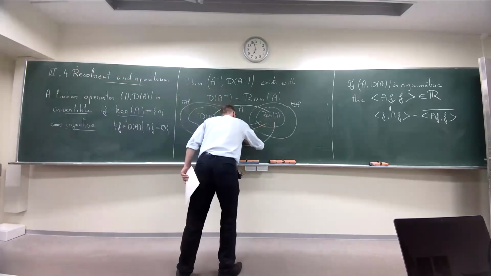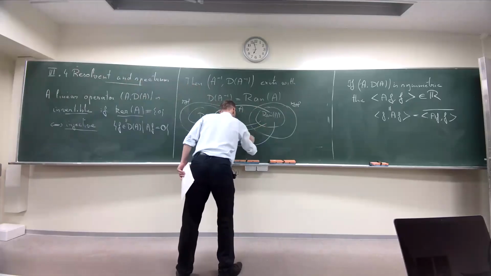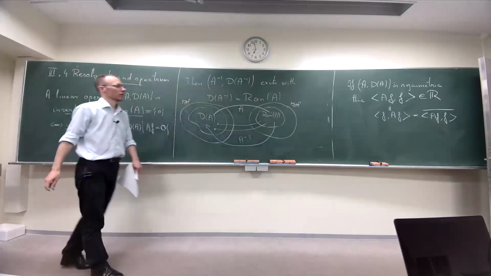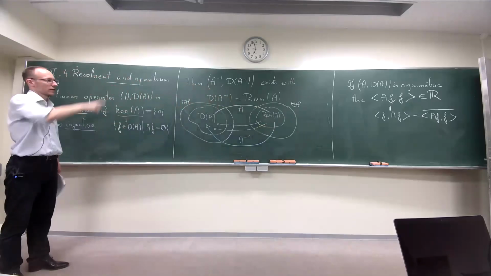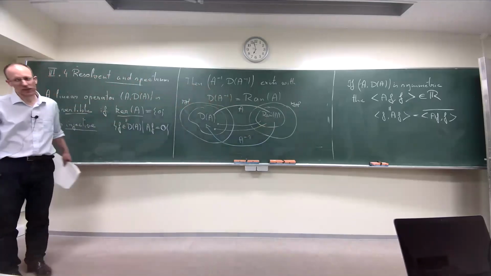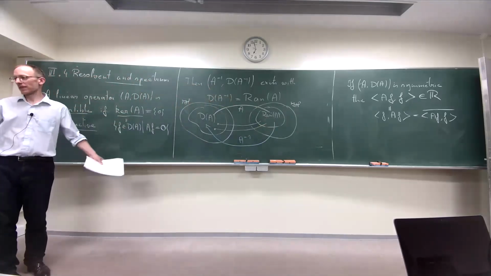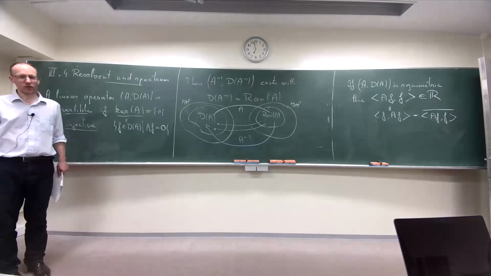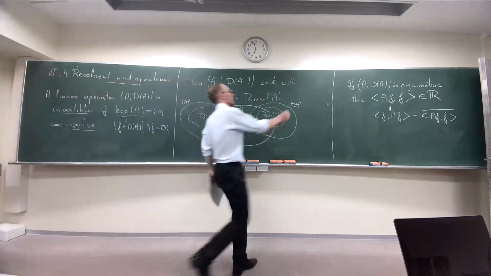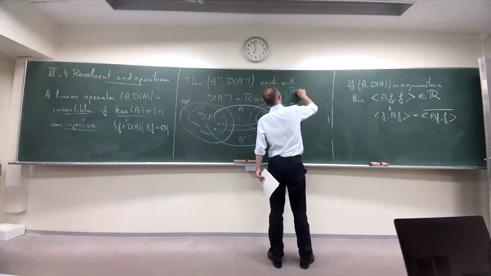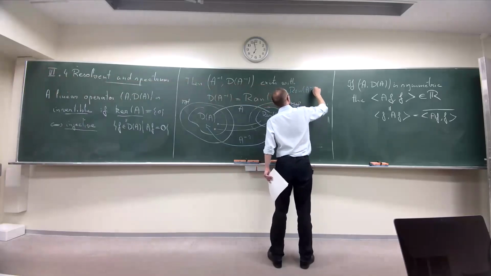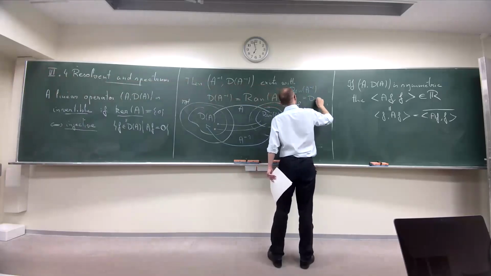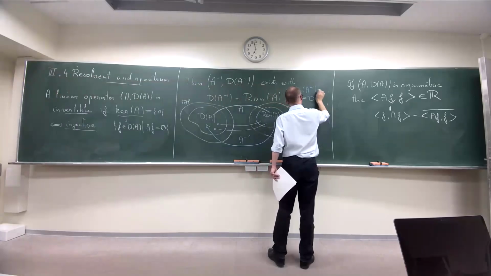So the domain of the inverse is the range, and the range of the inverse is the domain D of A.